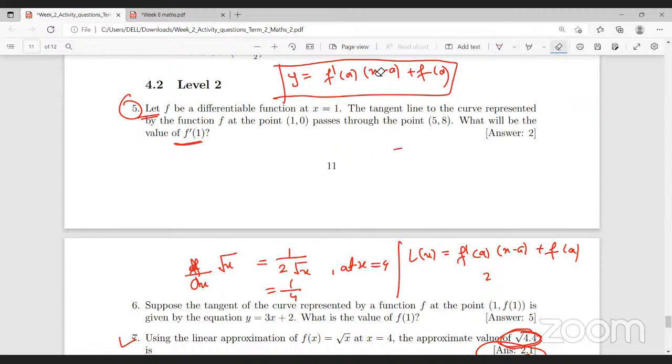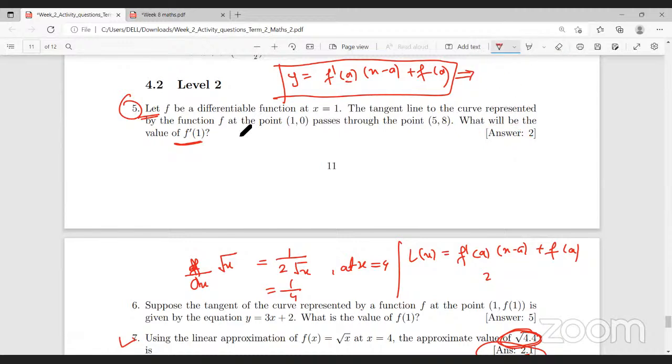But sir, is it wrong to use this approach? In the exam you only have to enter the answer, so the approach doesn't matter. But how do we solve it using this equation?